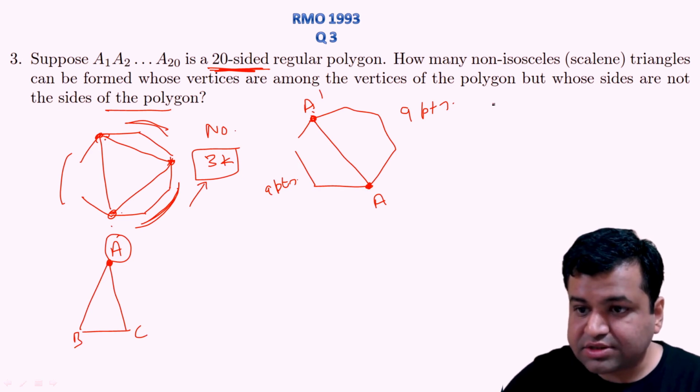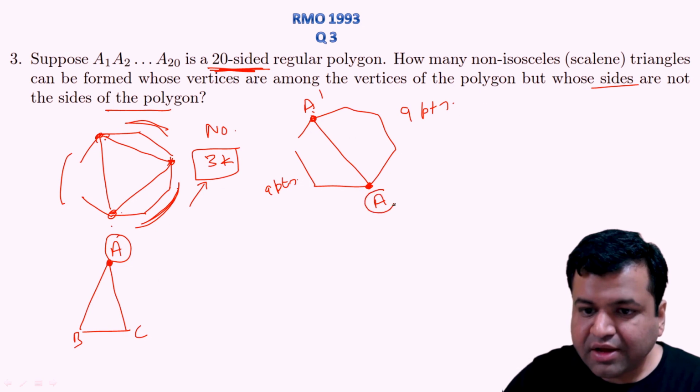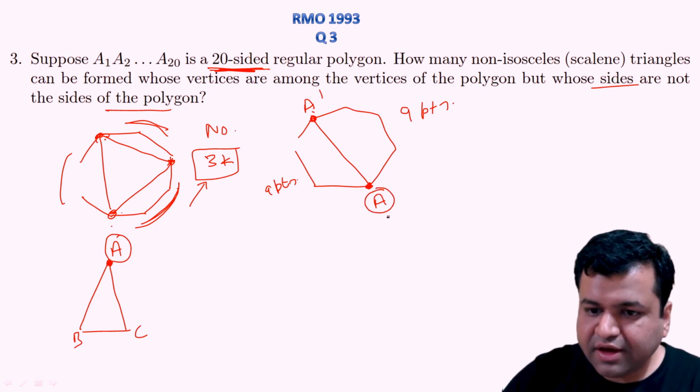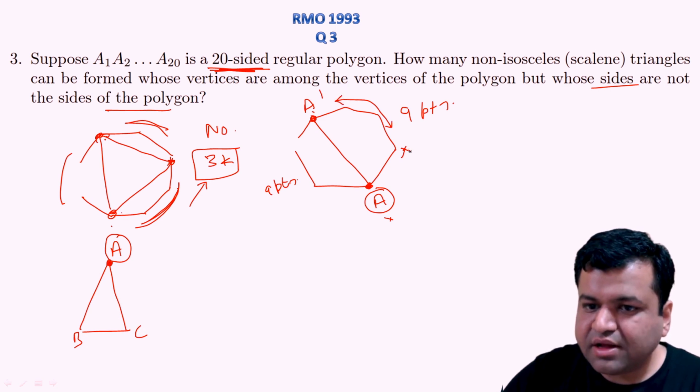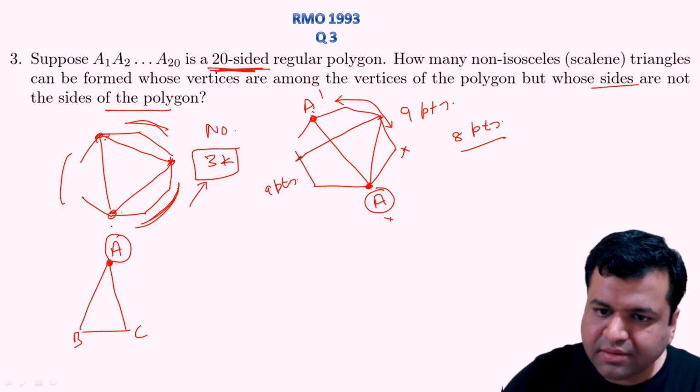And that also whose sides don't make a side of the polygon, okay? And that also starts from the vertex A, right? So if I have selected this vertex A, I cannot select this point because this will form the side of the polygon, right? So apart from this point, how many points can I have from this side? I can have 8 points, right? And let's assume I have made this selection, okay? Correspondingly, I'll select the mirror image of this point from the left hand side 9 points.